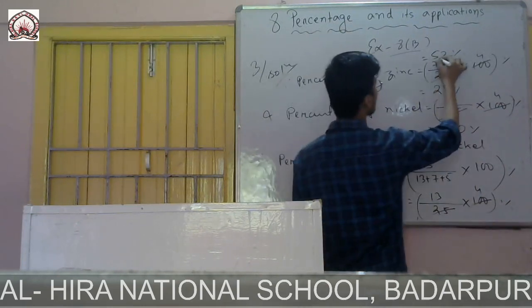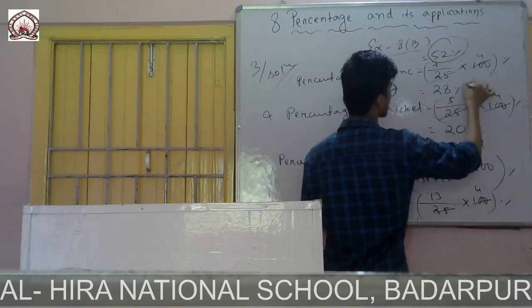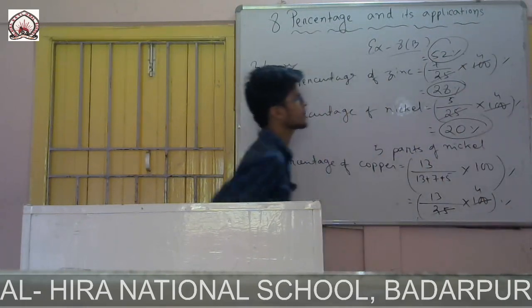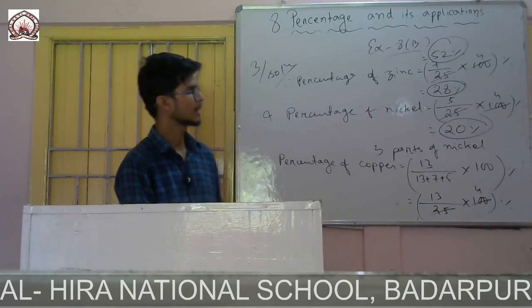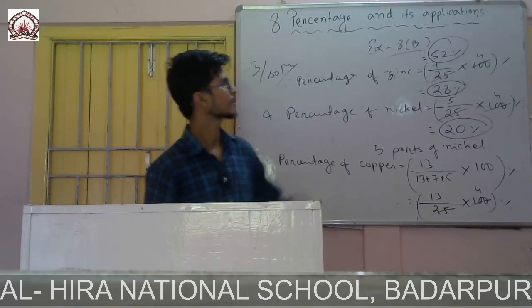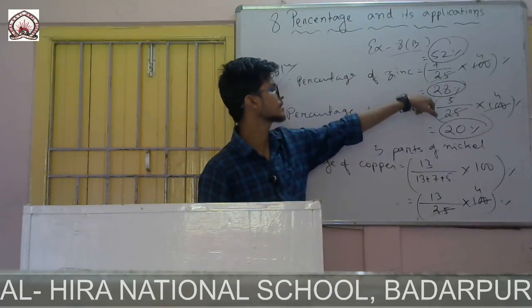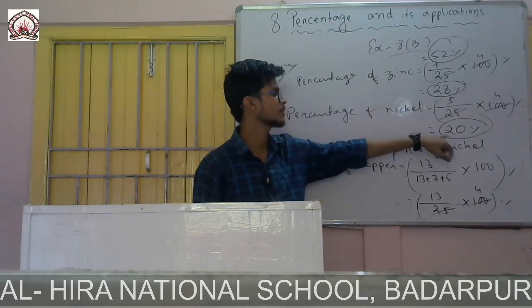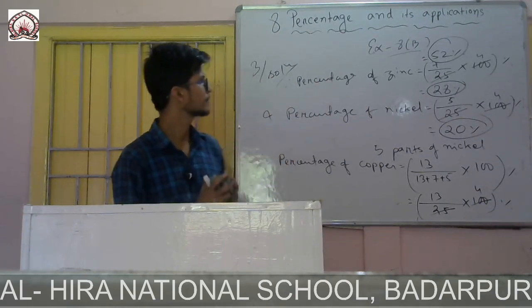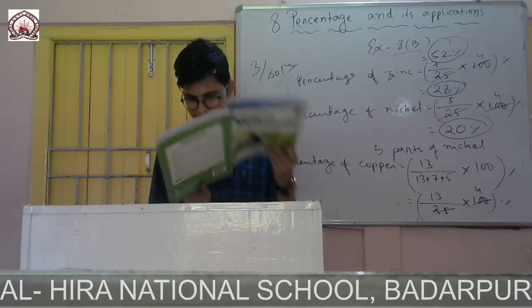So first one I got 52%, the next one I got 28% and last one it is 20%. If you add all this, it will be equal to 100%. 52 plus 28 is 80 and 80 plus 20 is 100. That means it is correct. You can check like this also.